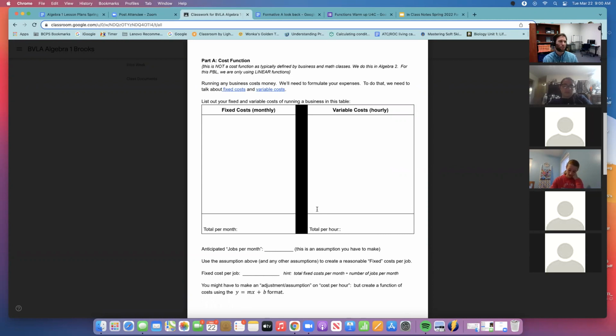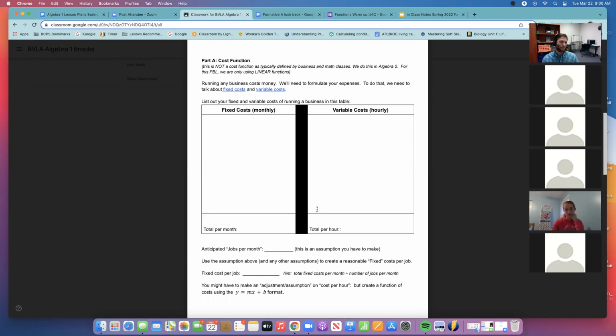Energy bill, I would say energy bill is a lot more variable, but for this service business, I think the energy bill might be more of a fixed cost. Normally I'd say it's mixed.